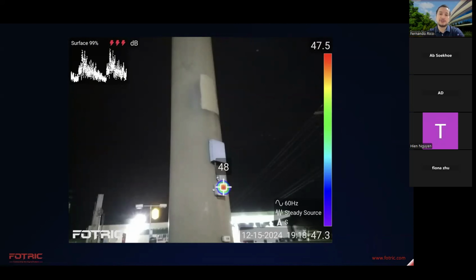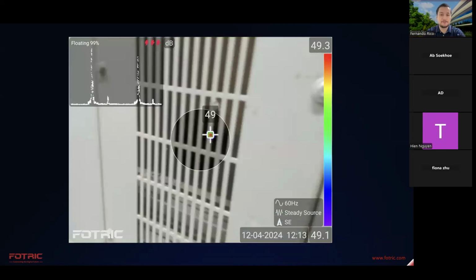Imagine an electrician opening this box without knowing there's tracking inside. The first thing that's going to happen is that an arc will jump onto him because, especially if he's not wearing the right PPE, he would be the shortest and least resistance path to ground.